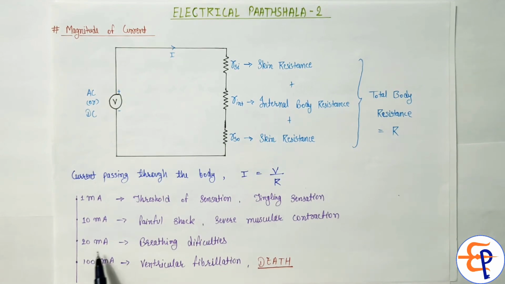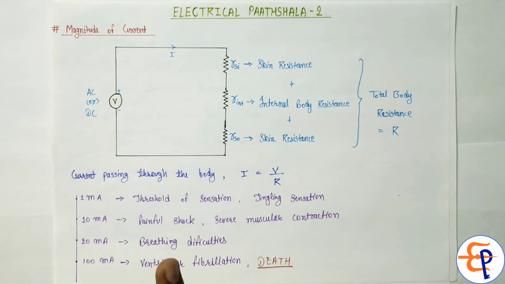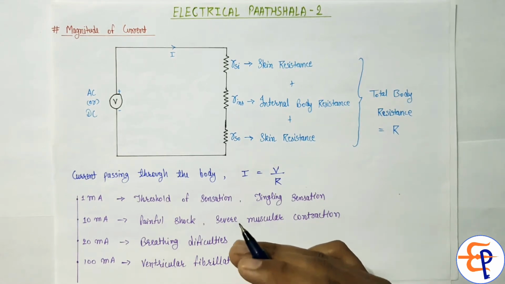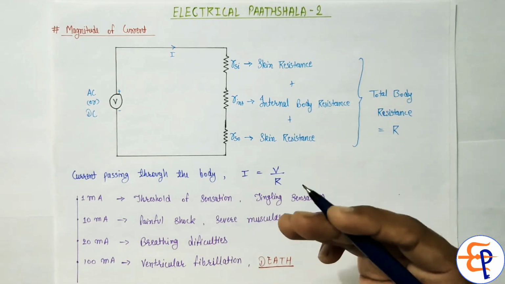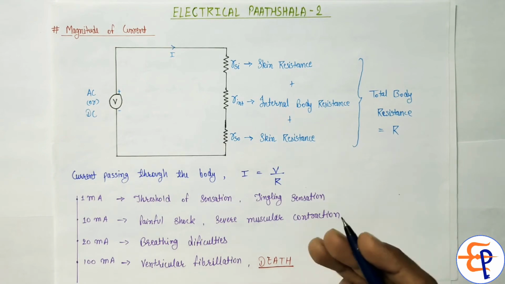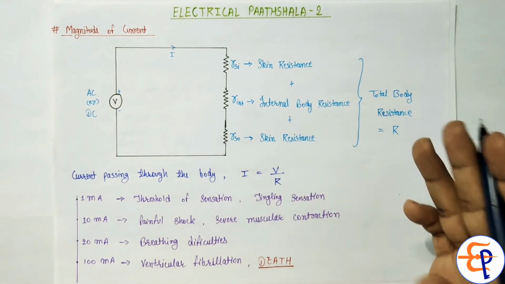And guys, current above 100 milliamperes is almost always lethal, because when current above 100 milliampere passes through our heart, it causes ventricular fibrillation. Now guys, what is ventricular fibrillation? This is a very serious heart condition in which your heart starts quivering instead of beating rhythmically. It means that your heart starts quivering in an uncoordinated way.